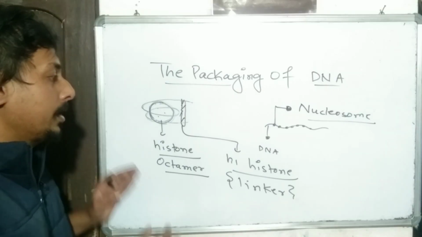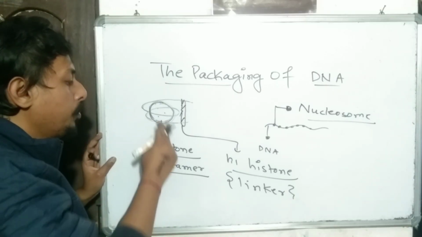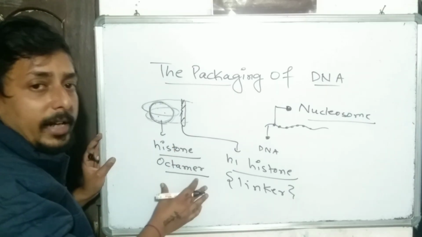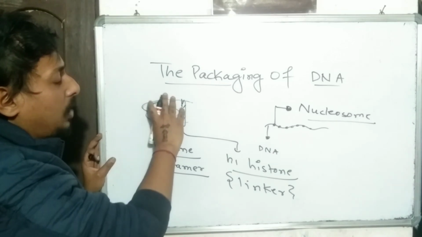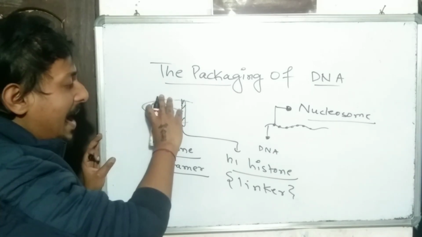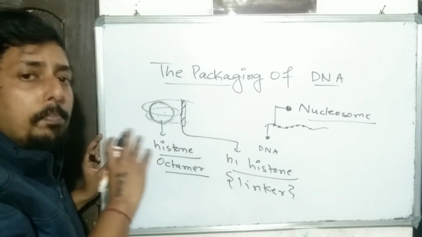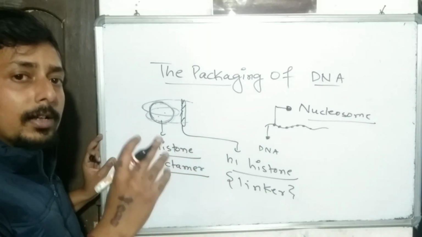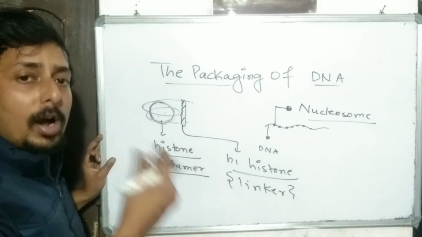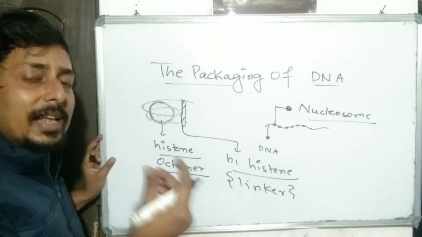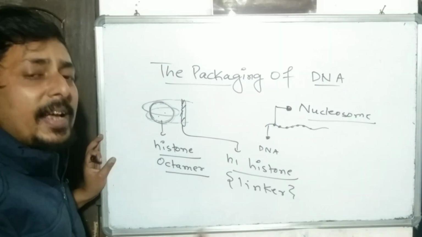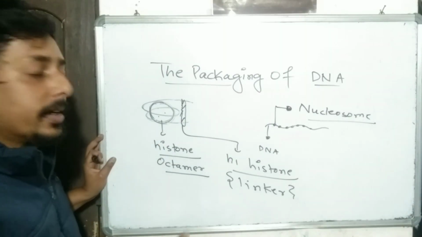It locks the wrapping, and the wrapping is done on the histone protein called the octamer. So this is the structure of a nucleosome, and in a DNA molecule many nucleosomes are present, so that the DNA gets coiled, and this coiling implies that the DNA is packed.